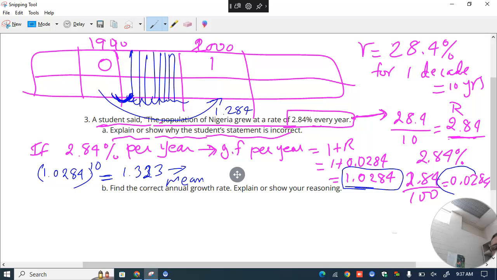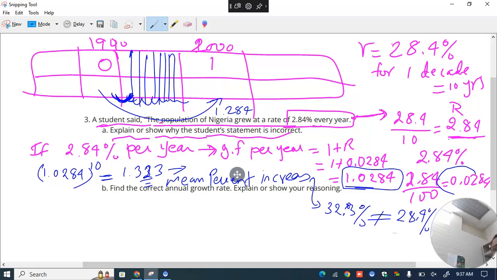So there is a percent increase of 32.3%, which is not the same as the one they gave us in the problem, which is 28.4%.